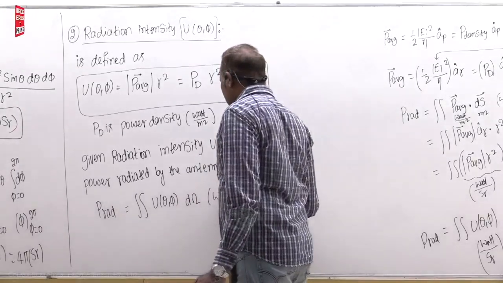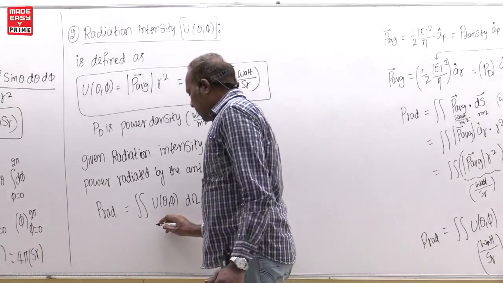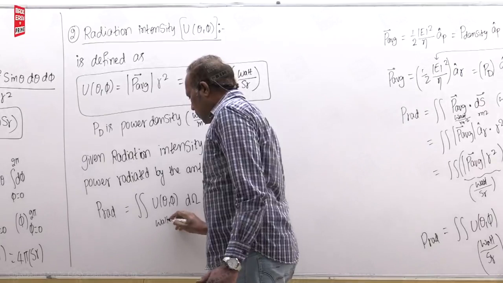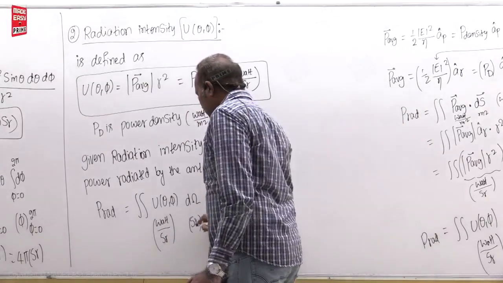So the unit is watts. I told you U(theta, phi) is watt per steradian, multiplied with steradian. Unit is this one.